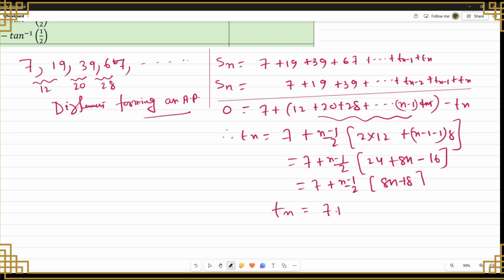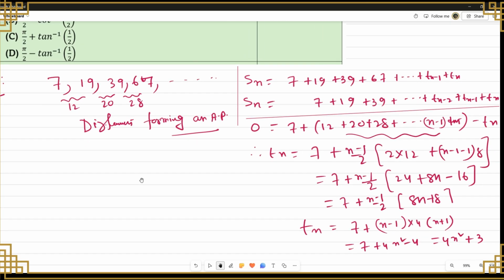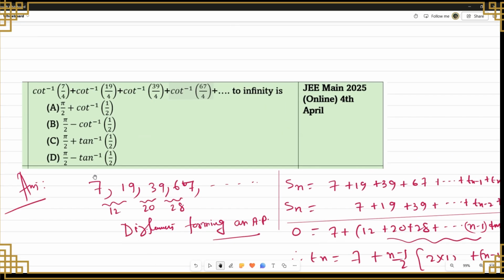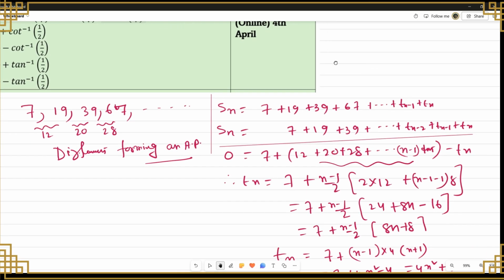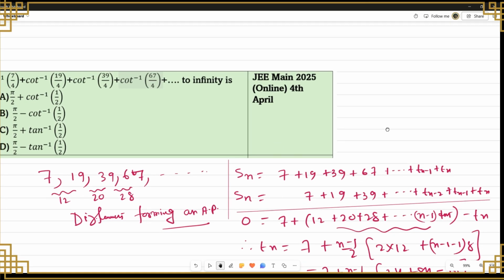So Tn going to be what? That n minus 1 is there. 4n plus 1. So 7 plus. So Tn is 4n square plus 3. Got it? So here in our problem, Tn going to be what? It is that divided by 4. 4n square plus 3 divided by 4.